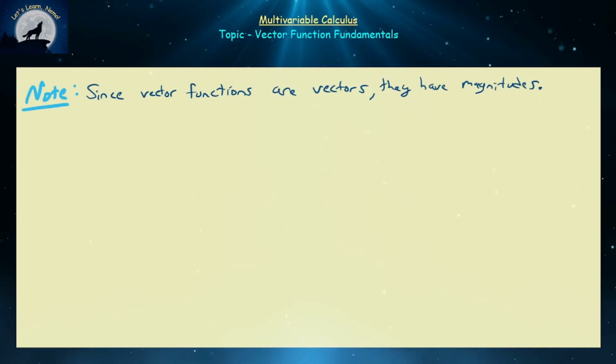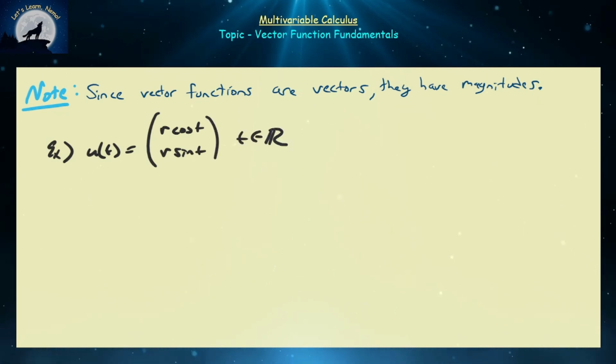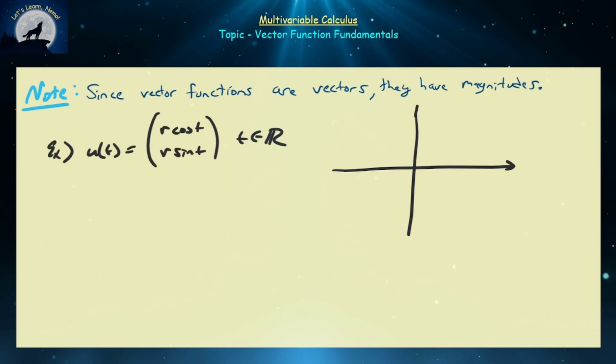It may be pretty obvious, but since vector functions are just vectors, they will also have magnitudes. So let's take for a very basic example, u(t) is equal to (r cosine t, r sine t), where t ranges from minus infinity to infinity. So do you want to take a guess of what this vector function looks like?